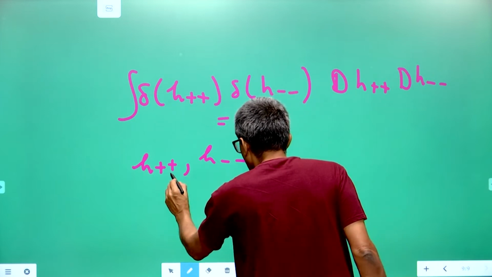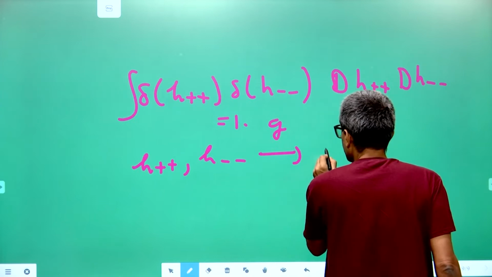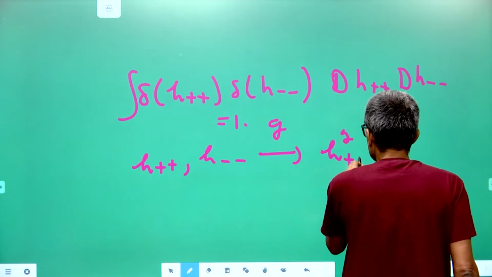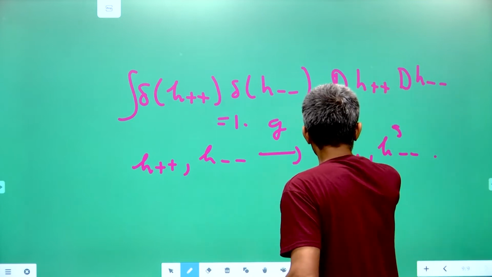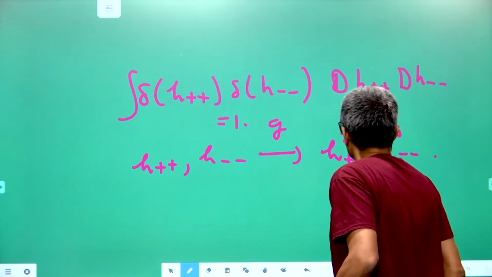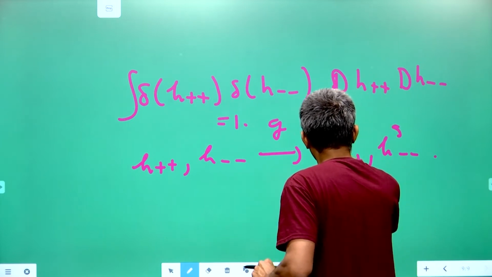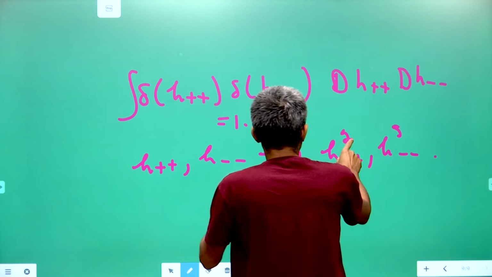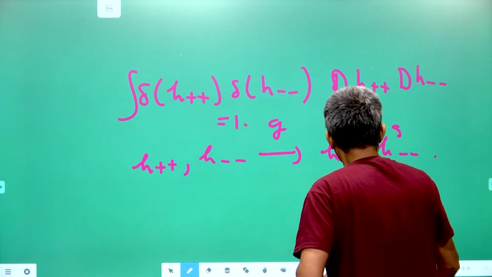So you can start from one h plus plus h minus minus and go by a reparameterization group g element to h g plus plus, h g minus minus, and it will cover all the h plus plus h minus minus as g varies, because g is a 2 parameter group, it is parameterized by xi plus xi minus, and h plus plus h minus minus is also a 2 parameter.